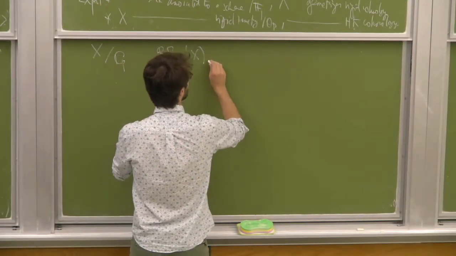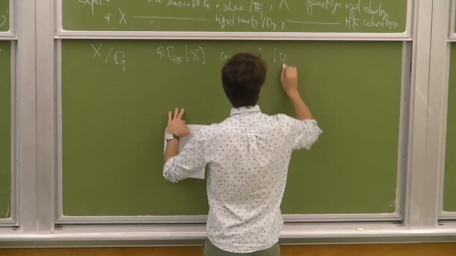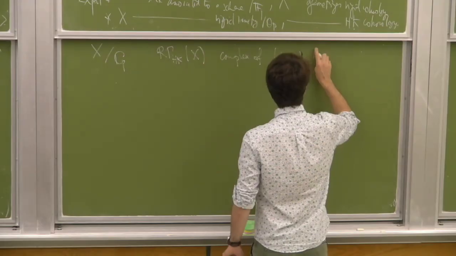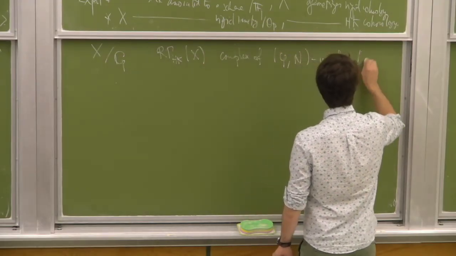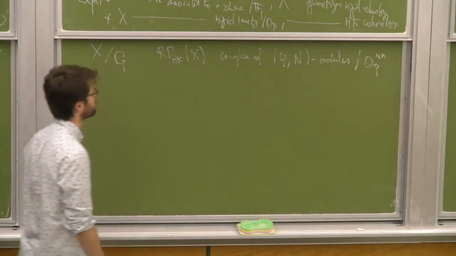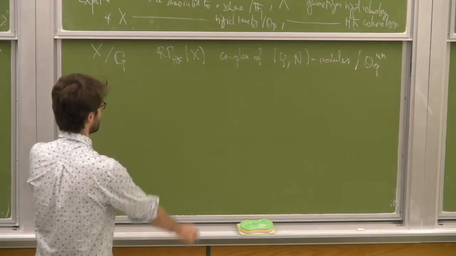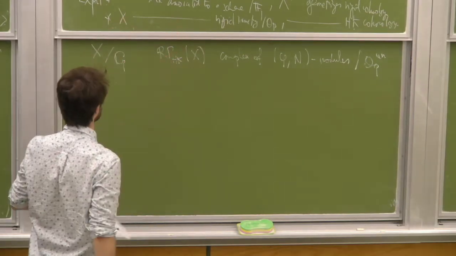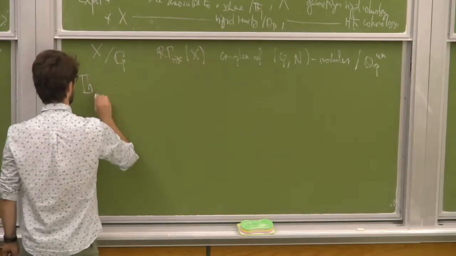would be a complex of phi-N modules over the maximal unramified extension of Q_p. And what does that have to do with this stacky construction? Well, something we can prove is the following theorem.